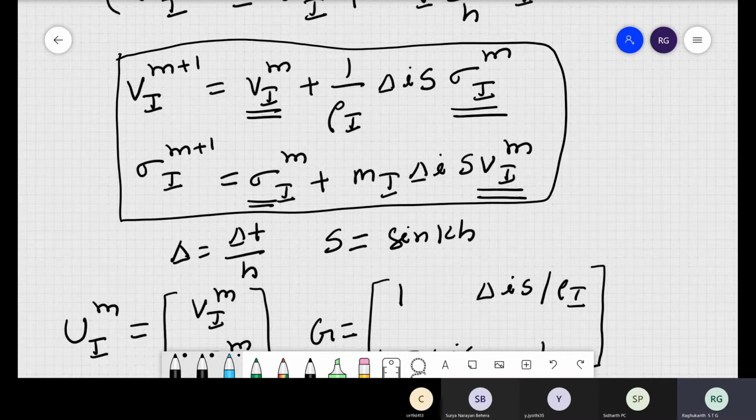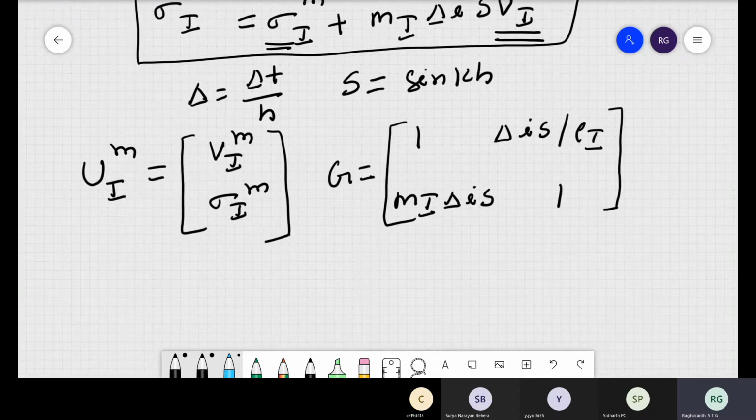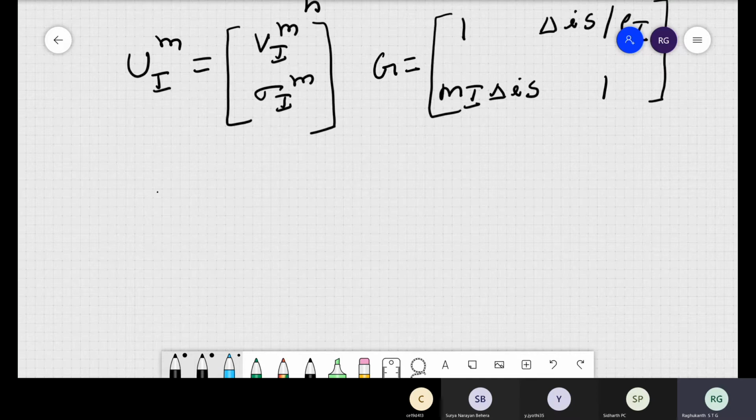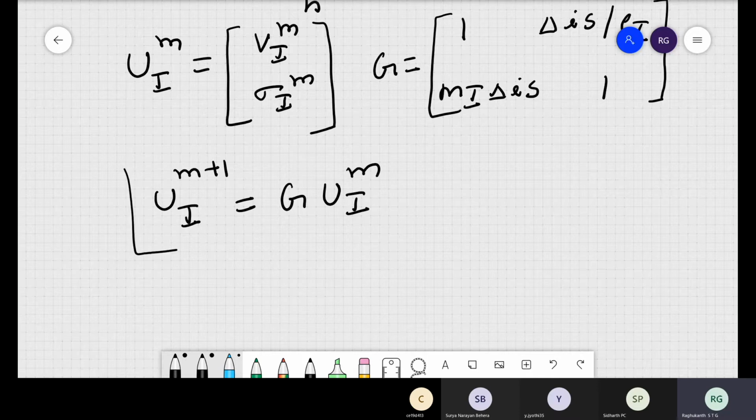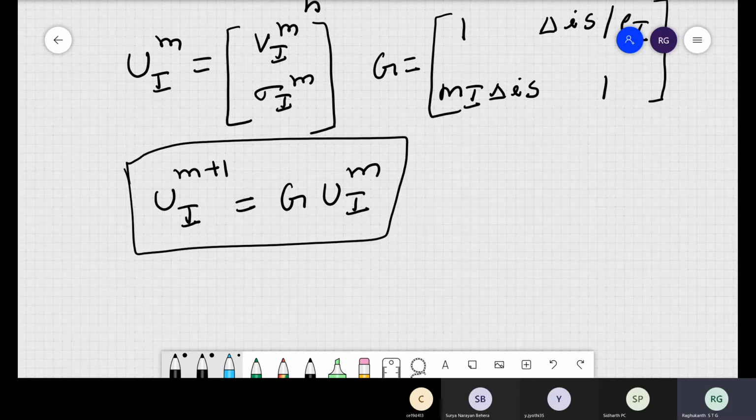You can write it in a nice matrix kind of format. On the right hand side you have m plus 1, and on the left hand side you have all the m terms. So this is like a time marching scheme itself. So you can write this entire scheme as u_i at m plus 1 equals G u_i of m. This is how you can write our finite difference scheme in this format.